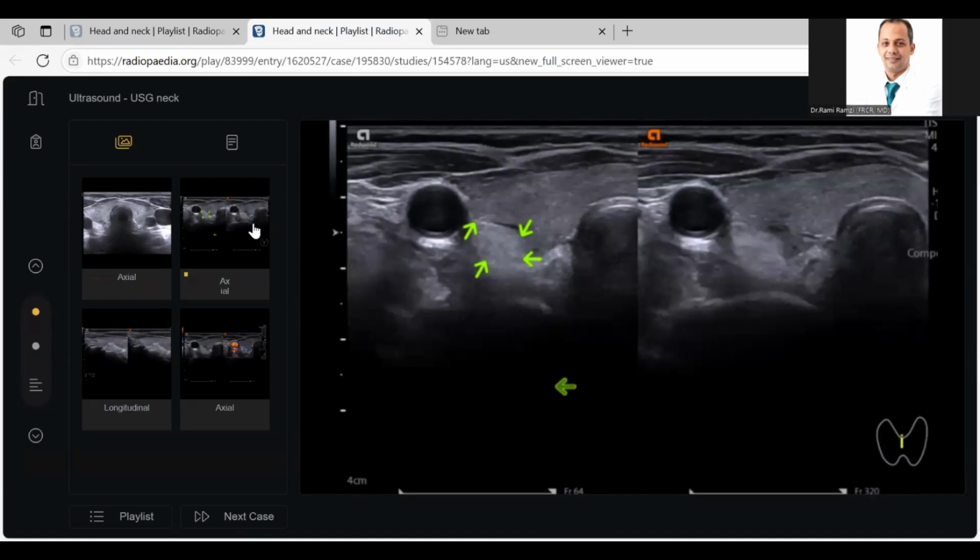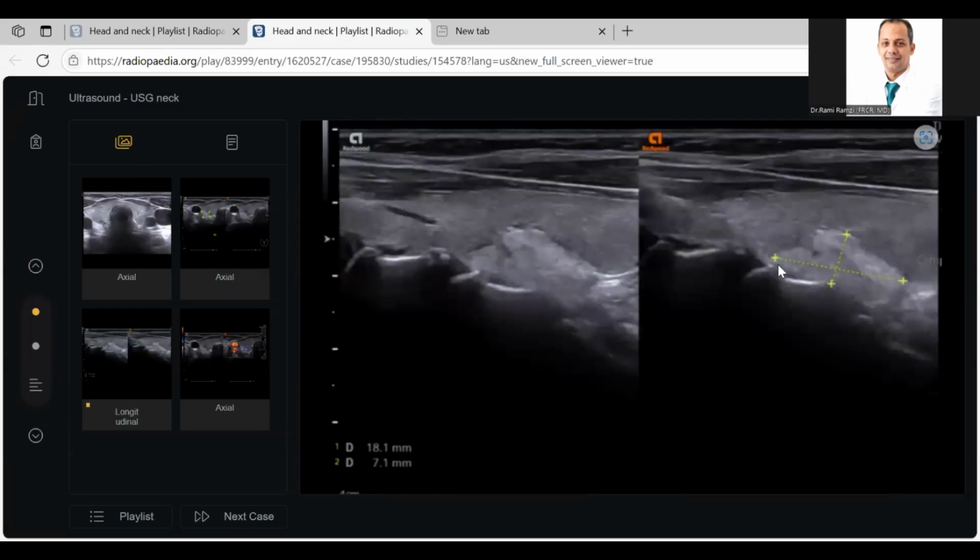Here I can appreciate on the left side a hyperechoic lesion posterior to the left lobe of the thyroid, adjacent to the carotid vessel. It appears hyperechoic to the thyroid parenchyma, and I cannot appreciate any blood flow, calcification or cystic component. Excellent. Where is its location?